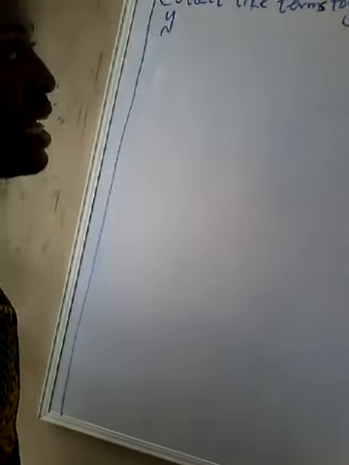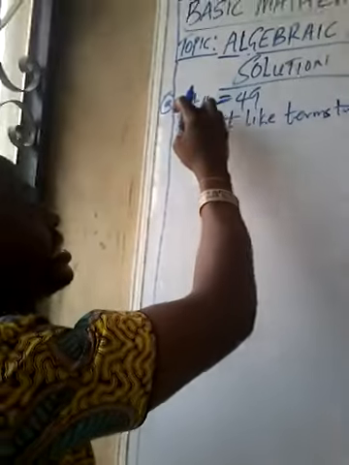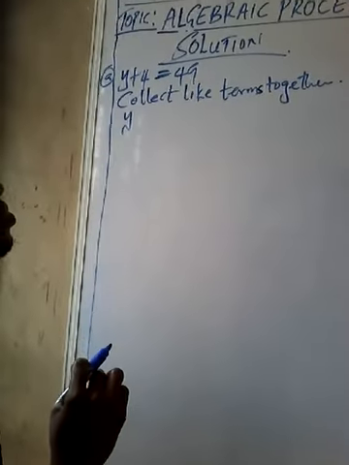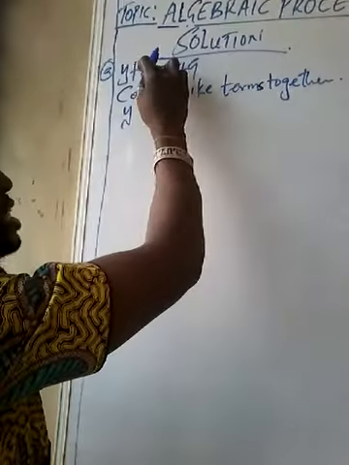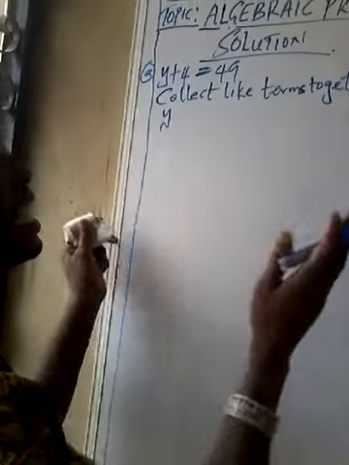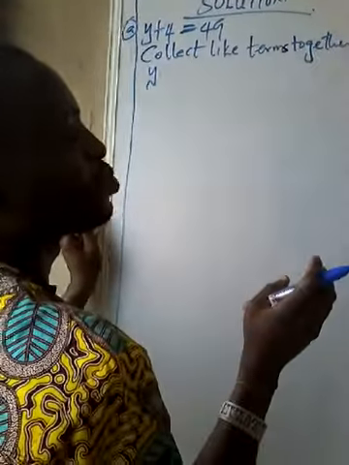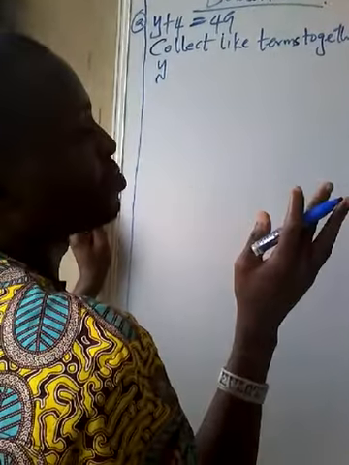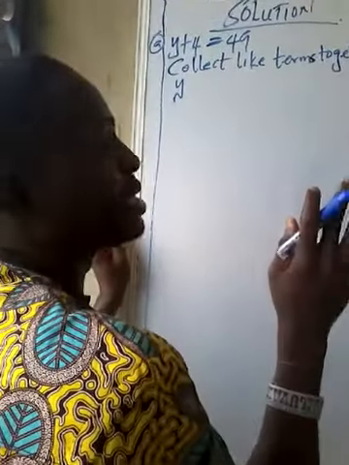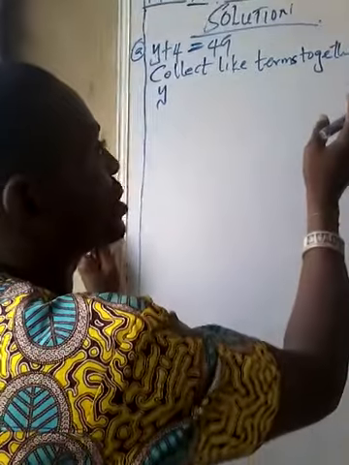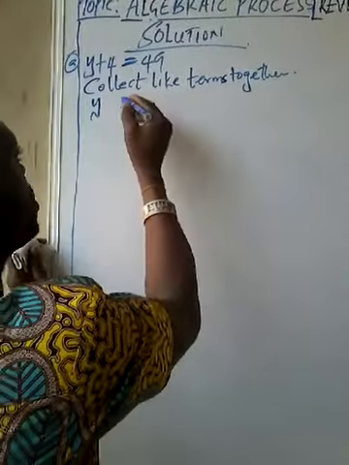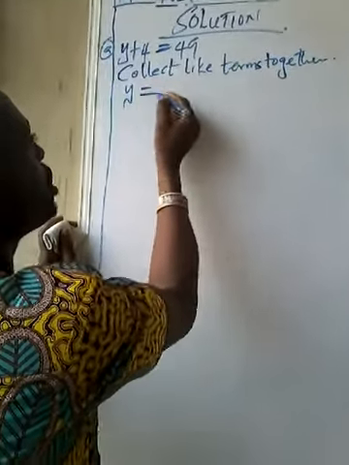What are the like terms here? Y is a term. It is not like 4 and it is not like 49. The like terms are 4 and 49, because they don't have any letter. They're just all numbers. So you collect those like terms together and perform the action. It will give you y is equal to.